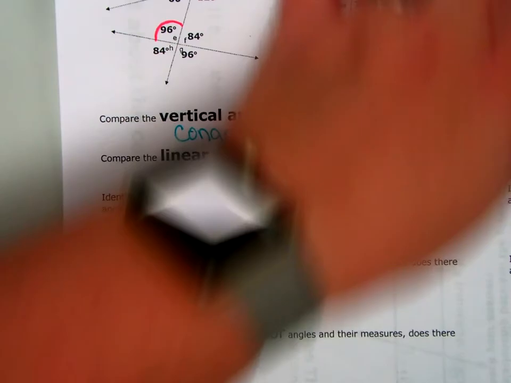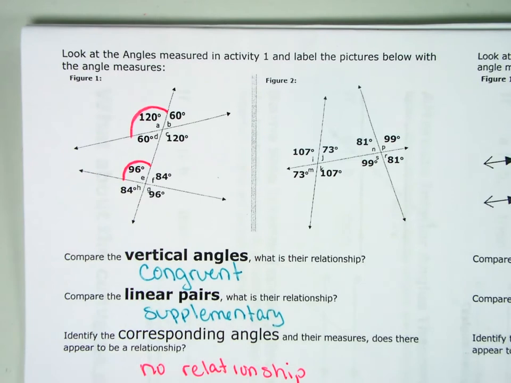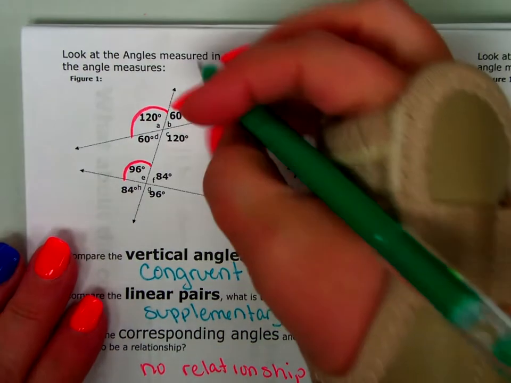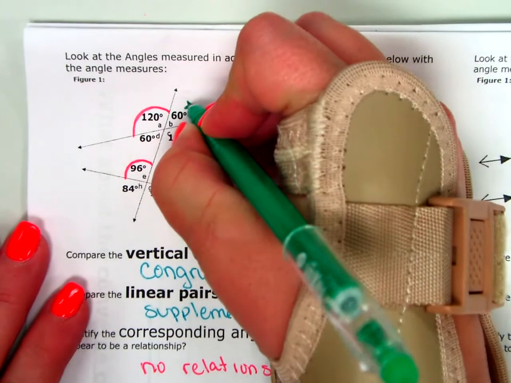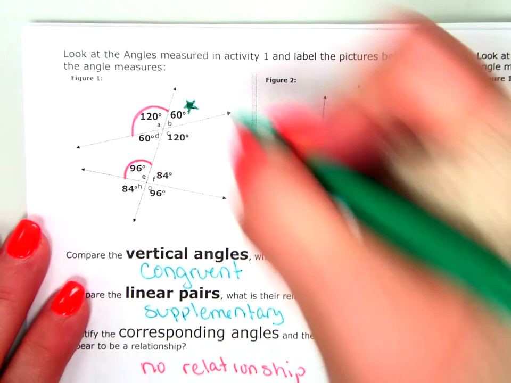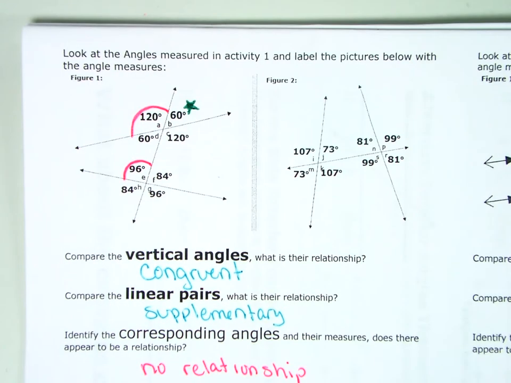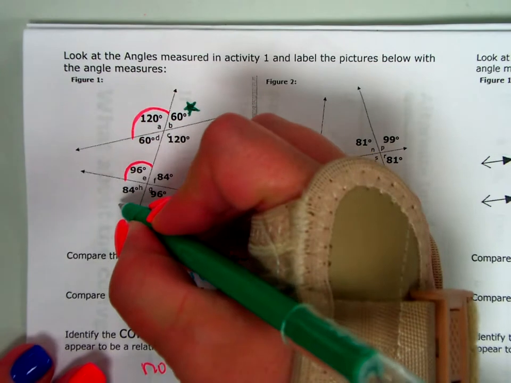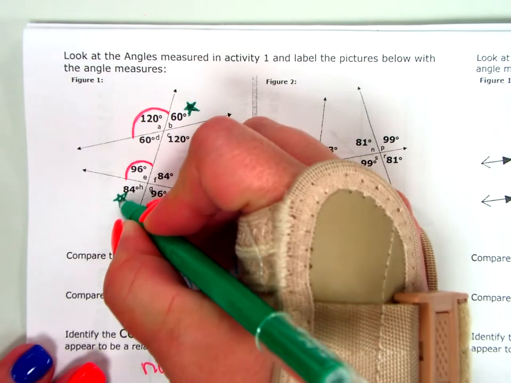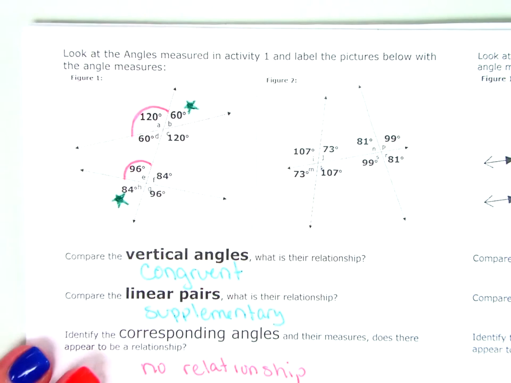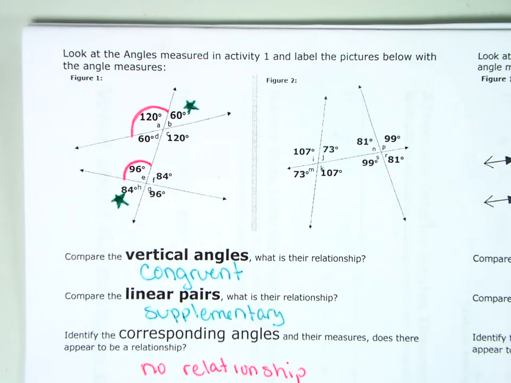Alternate exterior angles, let's look at those. If I'm at this angle B that's 60 degrees, what would be the matching alternate exterior angle to that one? 84. 84 would be the matching alternate exterior angle.